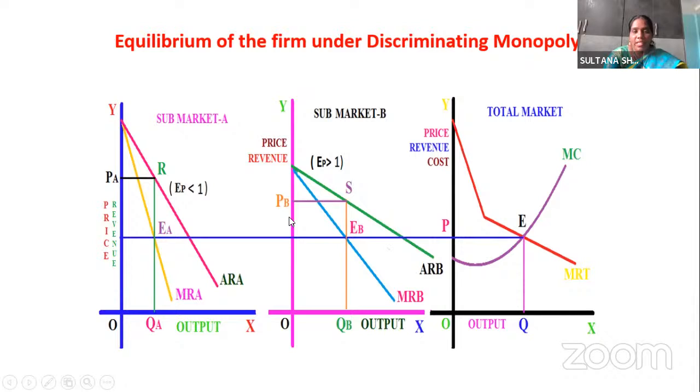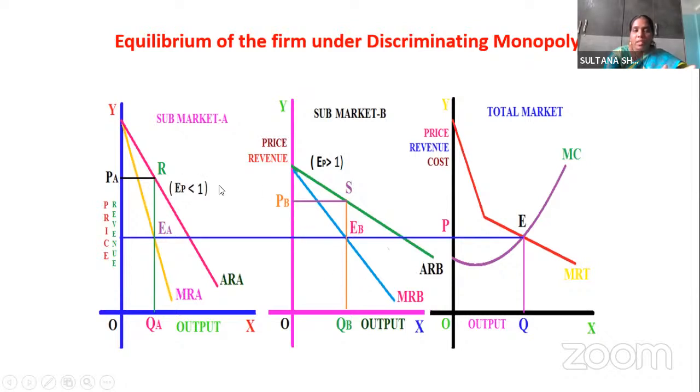Observe the conditions. First, the market should be divided into submarket A and submarket B. In one market there is less elasticity of demand, so the price is high. In the second market there is more elasticity of demand, so the price is less.